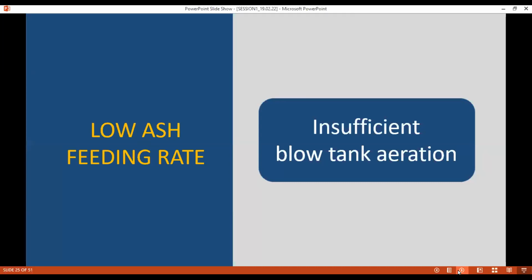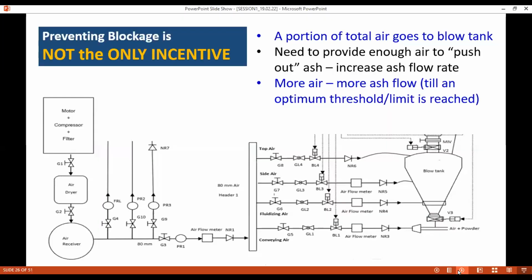By giving proper aeration to the blow tank, you can actually increase the capacity. How? I say that if the compressor is your leg, the blow tank is your heart. So if you want to run faster, you need strong legs, that's all right. But first you need a strong heart also. The blow tank is truly the heart of the system.